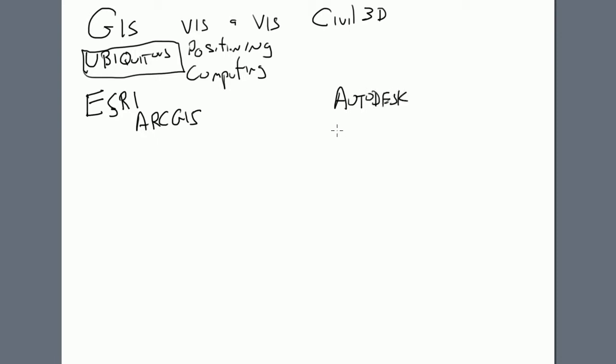Now Autodesk, they build their engine on something called AutoCAD Map 3D, and this of course is built on this basically ArcView or ArcGIS engine.